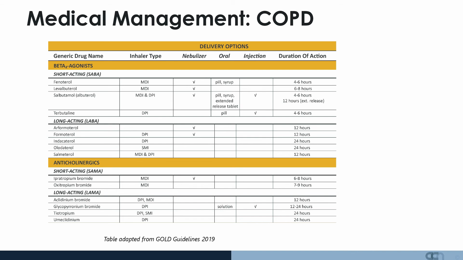In terms of beta agonists, there are short-acting beta agonists and long-acting beta agonists. Anticholinergics also, there are short-acting and long-acting. Examples of short-acting beta agonists would include salbutamol, terbutaline, and long-acting beta agonists would include formoterol or salmeterol. The short-acting muscarinics include ipratropium bromide, and the long-acting muscarinics include glycopyrronium or tiotropium.